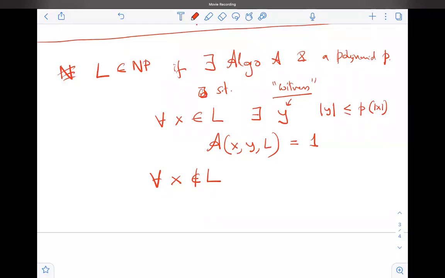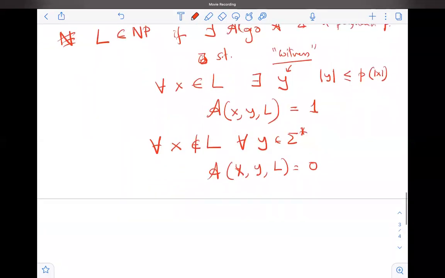But there should also be some constraint on this algorithm A that we are defining, right? So this A is, of course, I'll come to that. Just one second. More importantly, if x is not in L, then for any y in sigma star, we have no clue what it is. Birbal can try to cheat, can come up with various solutions. This algorithm will reject.